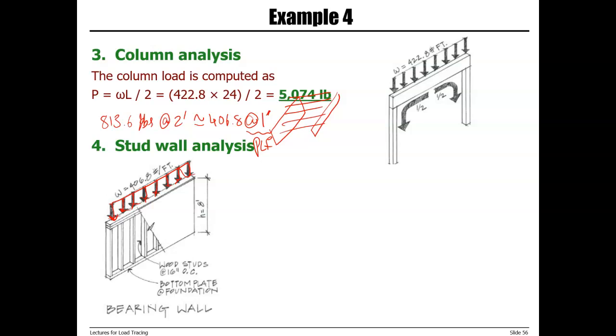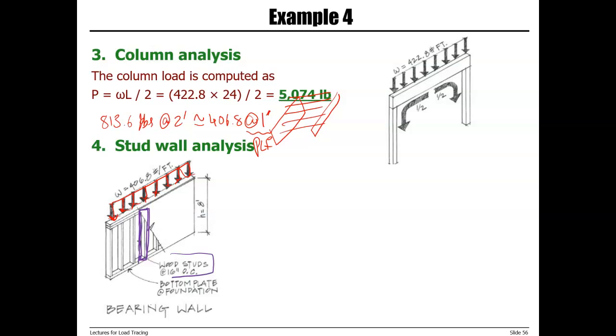Now we want to look at each individual stud and see how much load is transferred to each stud. Wood studs are placed at 16 inches on center. So if we want to look at tributary width of a stud, we can say that it has two adjacent members. On each side, there is another stud, and half of the distance on the left side is 8 inches.